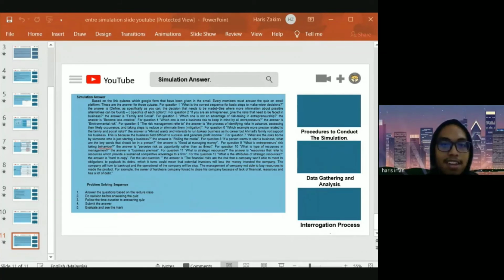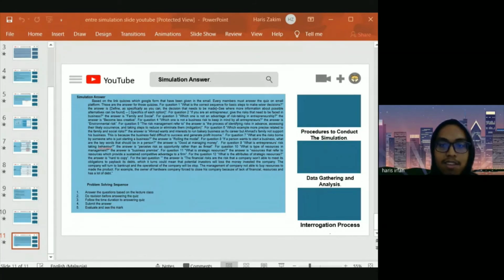The answer is Ahmad wants to run a bakery business as a fixed career, but Ahmad's family does not support his business. This is because the business feels difficult to succeed and generate profit income.